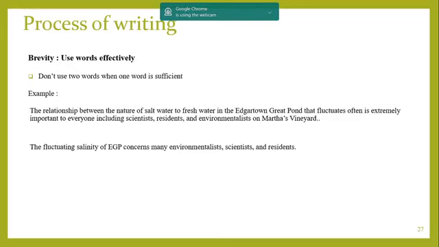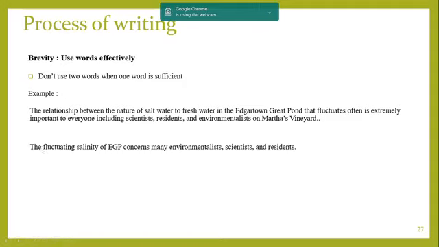This statement talks about the salinity of the fresh water in EGP, but for that they have written two lines. This can be formulated in a single line like below. The relation between the nature of the salt and fresh water is important for scientists, residents, and so on. But if you see the next line, it is very short.